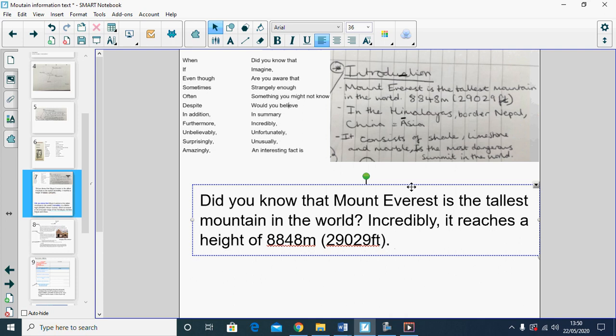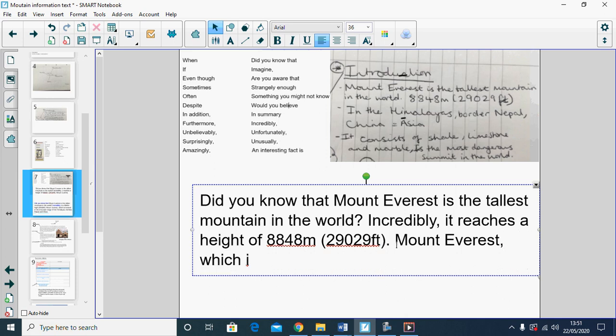Right, my next sentence is where is it? It's in the Himalayas, it borders Nepal, China, it's in Asia. Okay, I'm not going to use a sentence opener for this because I think if I use it for every single sentence it will sound a bit robotic. So I'm going to start with Mount Everest, comma, which is located in the Himalayas, that sounds better, doesn't it?